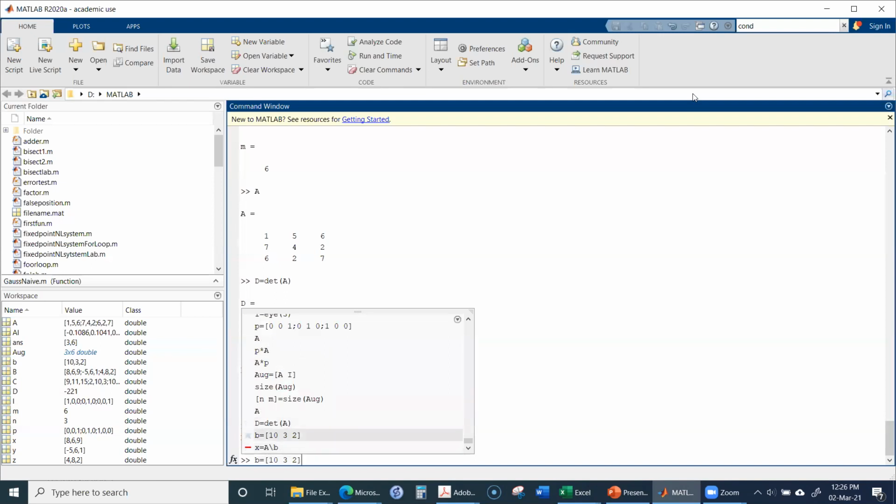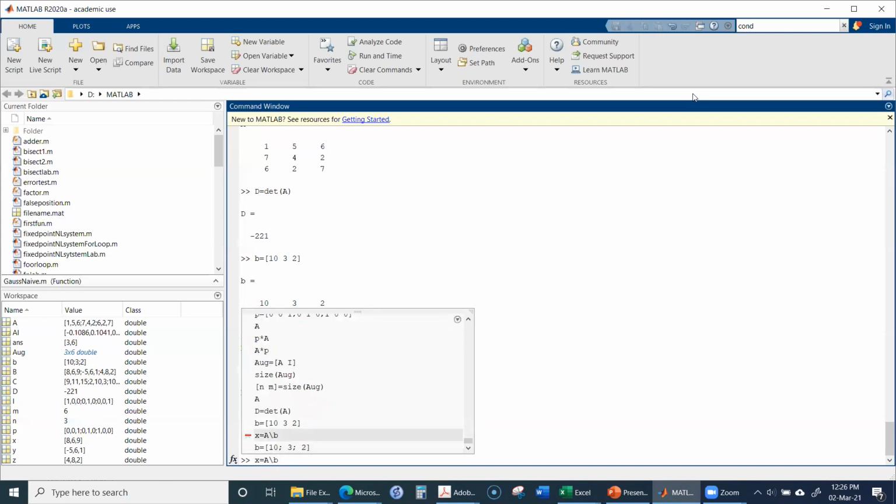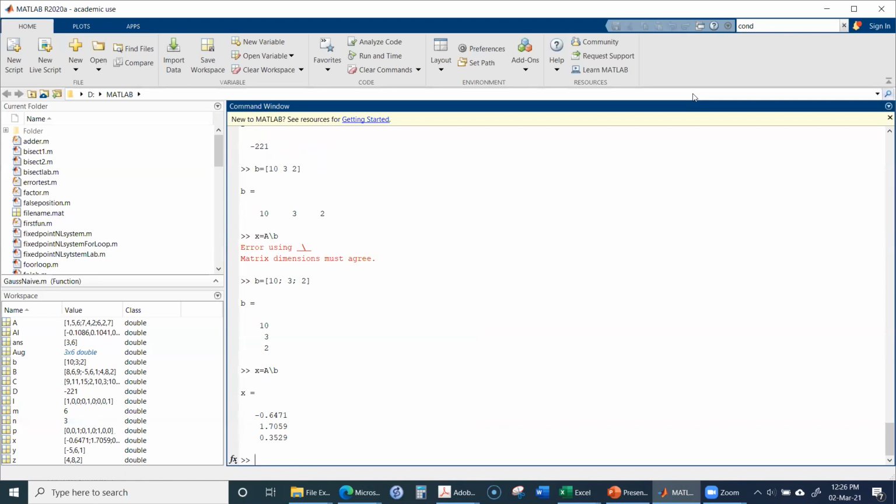So I will put B like this, with semicolons. Now B is this. Now I will apply x is equal to A backslash B. So now I will get this solution.